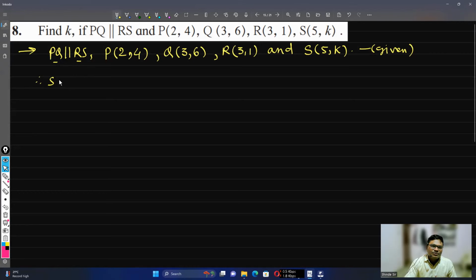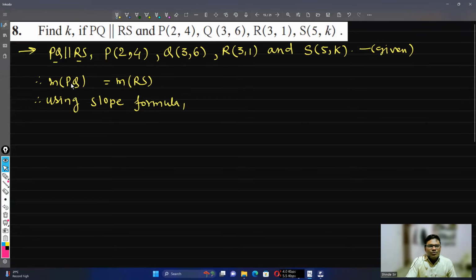Therefore, slope of PQ must be equal to slope of RS. Using the slope formula, slope of PQ is 6 minus 4 over 3 minus 2, that is y2 minus y1 upon x2 minus x1.